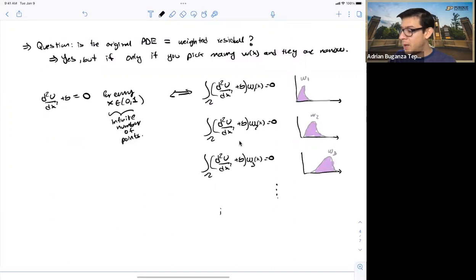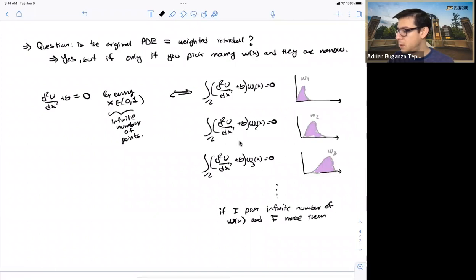So if I pick an infinite number of W's and I make them sharper, then these two are equivalent because this weighted residual form is calculating an average error.